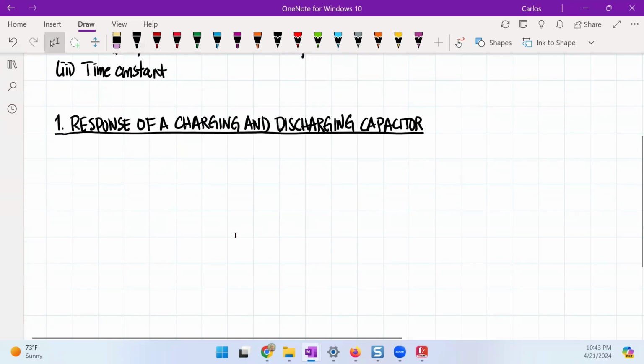So we got to break these up into two cases. The first one I'll deal with is the charging capacitor response.